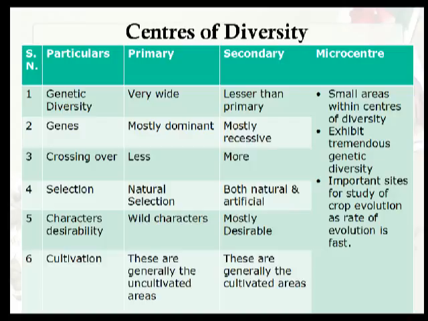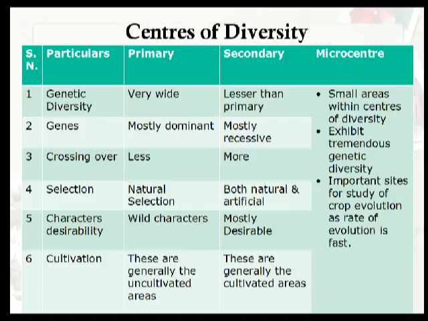Okay, and secondary is where there is maximum variety of domesticated species or domesticated variety. And micro center is again a center within a center. Okay, so these are smaller areas with extreme or very high genetic diversity. These are the most important sites of evolution because the rate of evolution here is very fast.